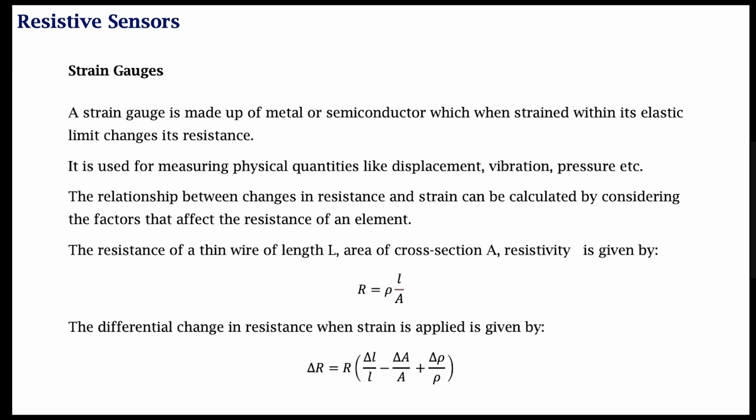The length and the area will vary. This will cause a change in the resistance of that metal foil. It turns out that once you remove this force or the pressure, it will go back to its original state in most cases.